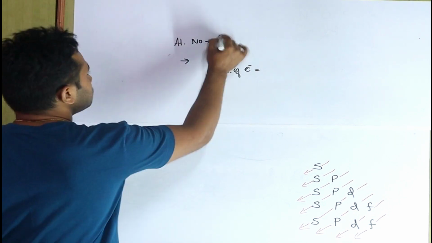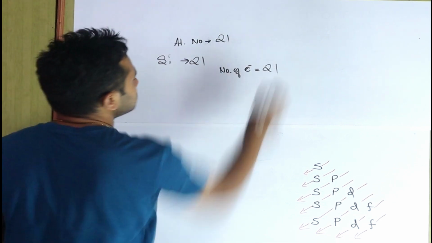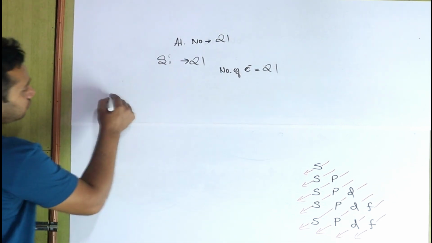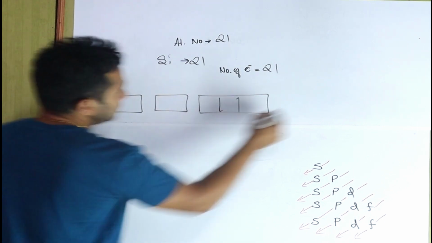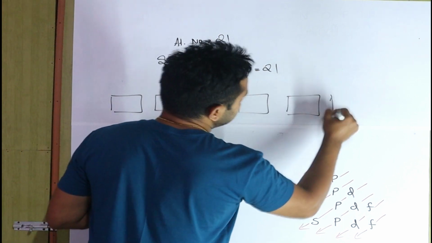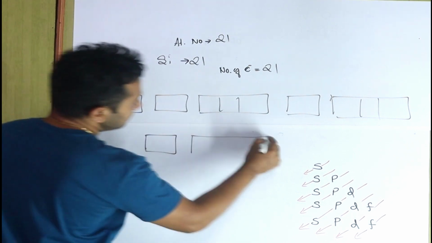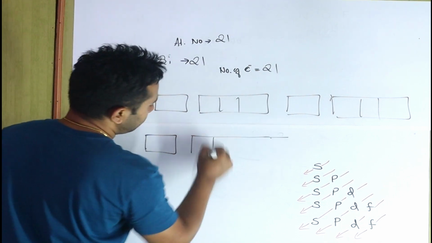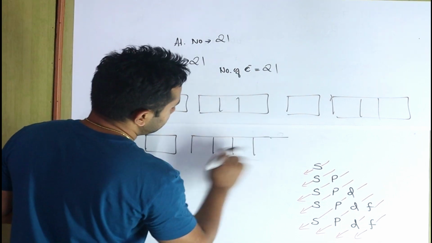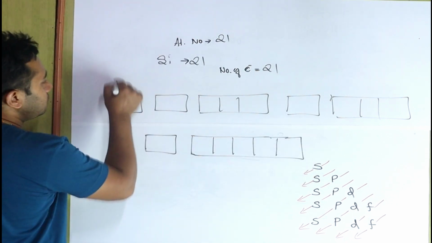So atomic number 21, scandium, we have 21, number of electrons is 21. So I'll draw the orbitals: 1s, 2s, 2p, 3s, 3p, 4s, and then we have 3d.